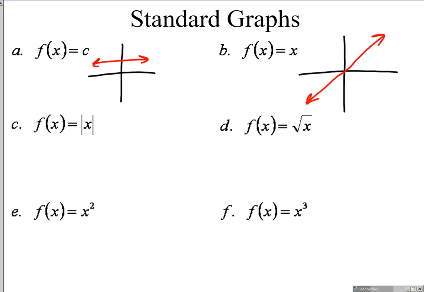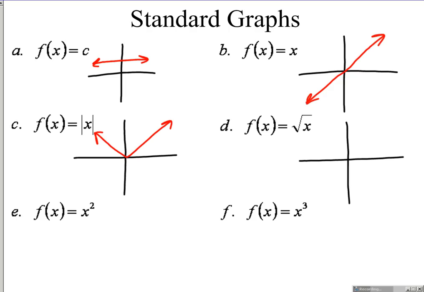Absolute value graph, when we have a linear function inside an absolute value, it will always be a V shape when we look at the graph of that function. Square root function looks like a half of a parabola opening to the right. Quadratic function, you should know, is parabola shaped.